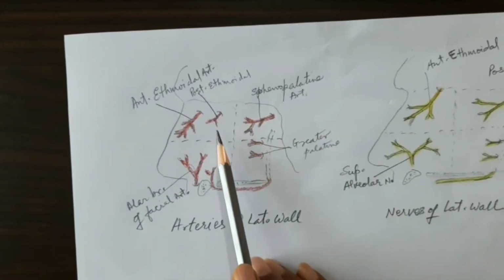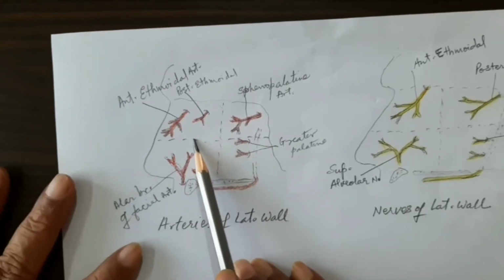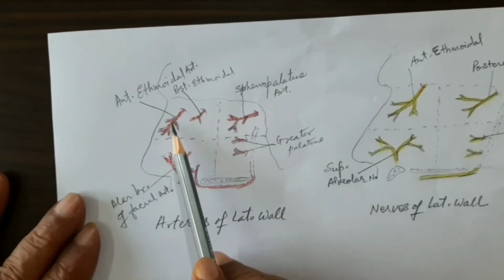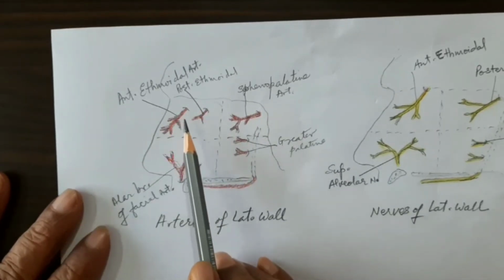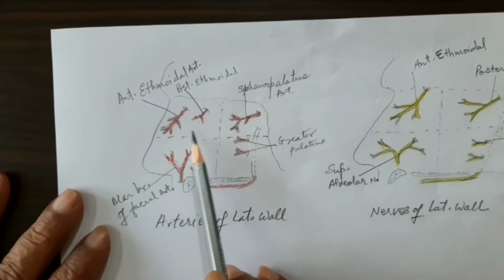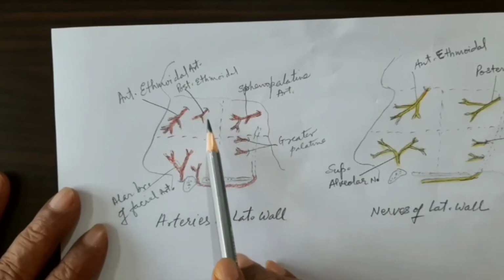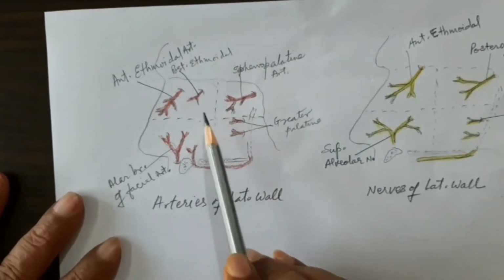So first see the arterial supply. The arteries are the anterior ethmoidal artery and the posterior, branched from the ophthalmic. So the anterior and posterior ethmoidal arteries will supply the anterosuperior part of the lateral nasal wall.